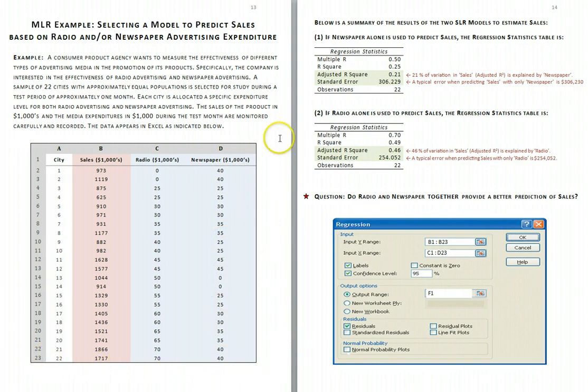The independent variables in a multiple linear regression need to be contiguous, that is, next to each other. The variable on the left will always enter as the first independent variable, and the variable on the right will enter as the second.